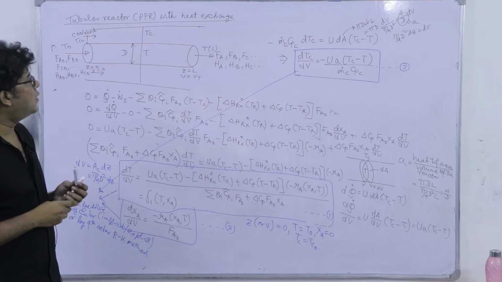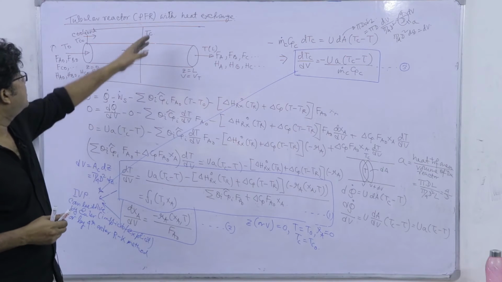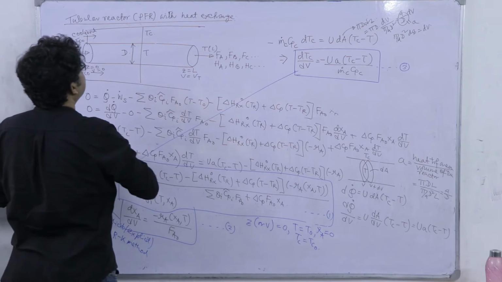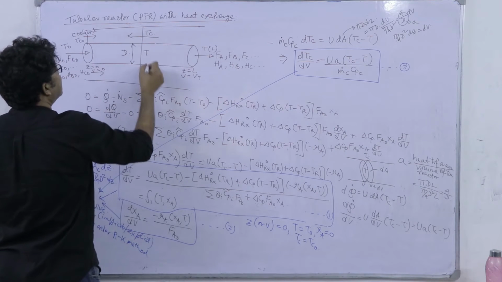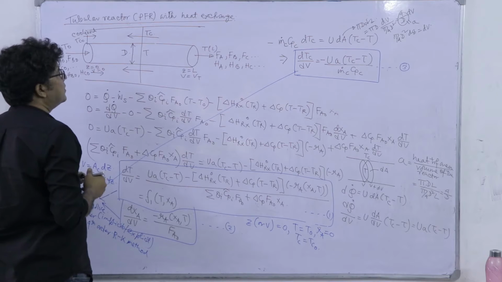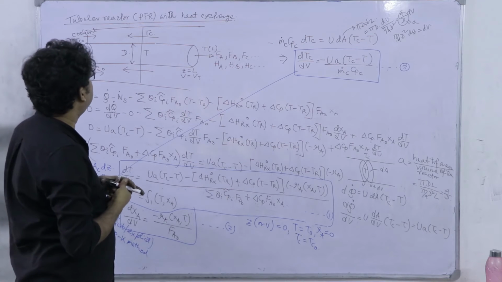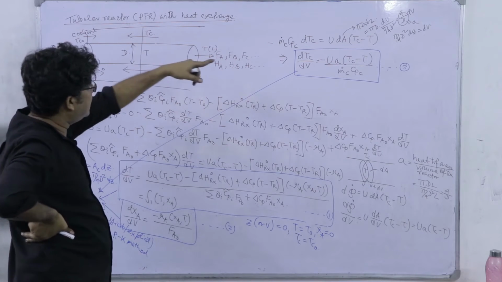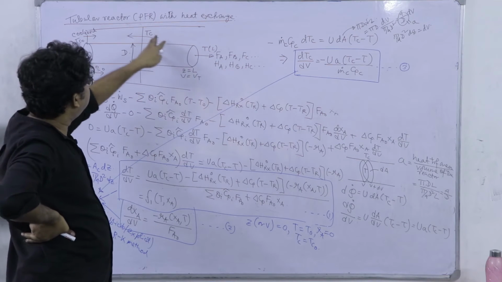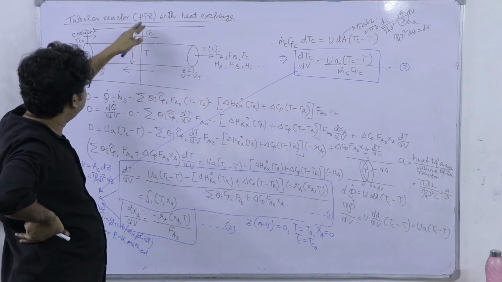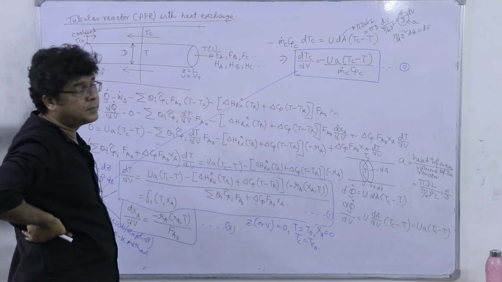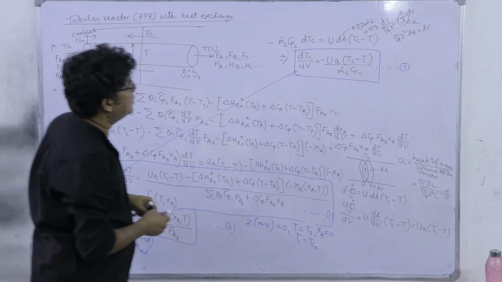Now if it is counter current, what will happen? It flows in the counter current direction. So to simulate what is happening, if it is losing heat, in the positive z direction its temperature will increase, so there will be no minus sign.